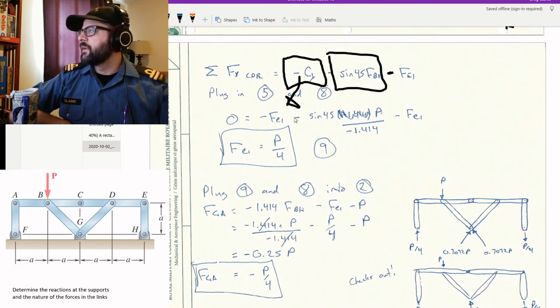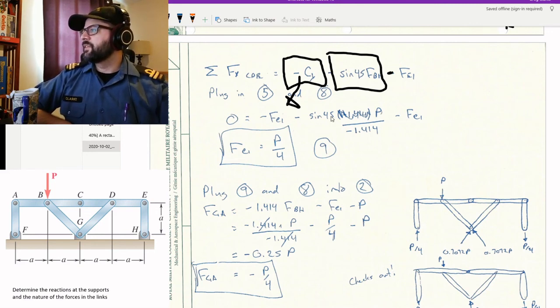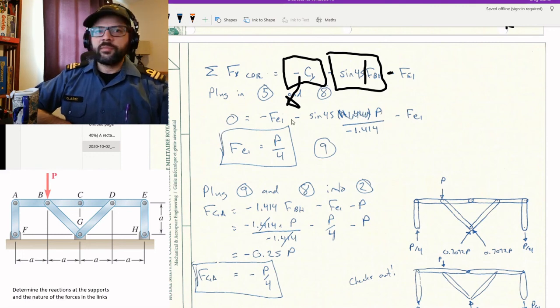So CY is equal to FEI. So we've got negative 0 is equal to negative FEI minus sine 45 times P over 1.414 minus FEI. So when we solve for FEI in terms of P, that gives us P over 4.